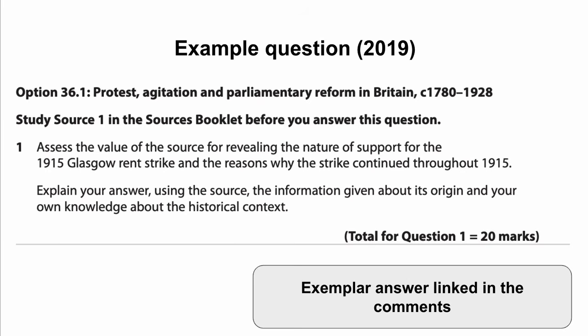So the two inquiries are, the first, the nature of support for the 1915 Glasgow rent strike, and the second, the reasons why the strike continued throughout 1915. And I'll link to the exemplar answer that was shared by Edexcel in the comments, so you can look at a level 5 answer for this. So they are the two inquiries.